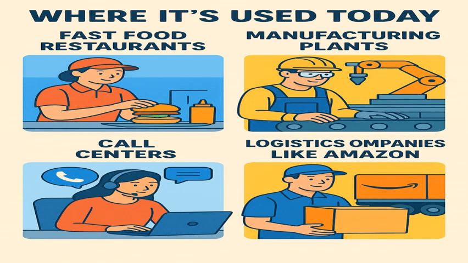It is a very scientific method to note the time. So scientific management is used in fast food restaurants, in manufacturing plants, in call centers, and in logistics companies like Amazon and eBay.